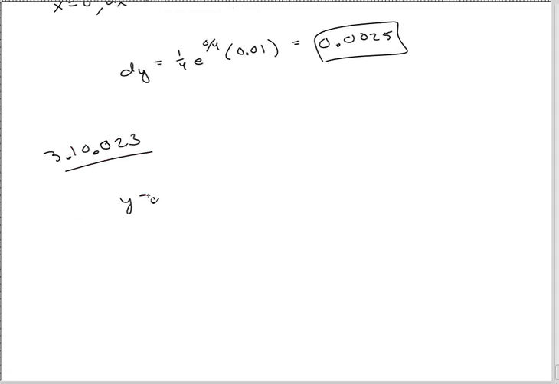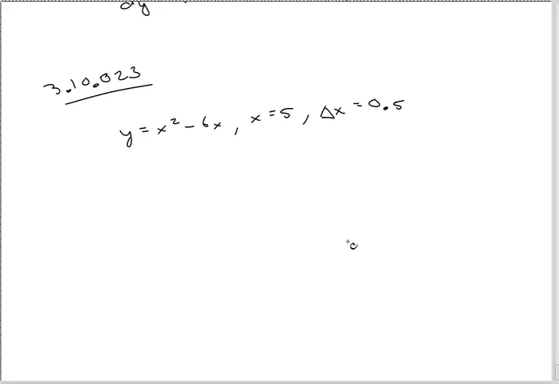I got y is equal to x squared minus 6x. x is equal to 5. And delta x equals 0.5. So what are they trying to say with delta x? On top of that, they say delta y is equal to what? And then they say dy is equal to what?